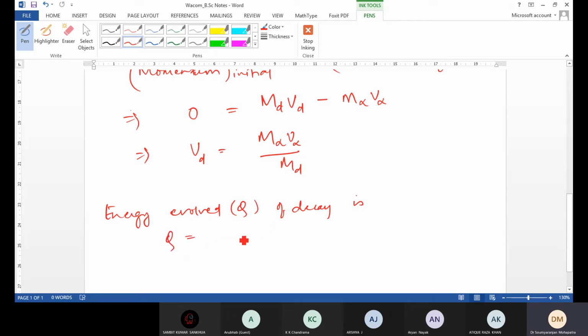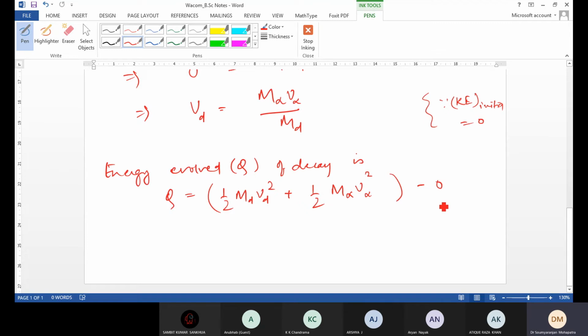So what is your final kinetic energy? That is half md vd square for the daughter nucleus, plus half m alpha v alpha square for the alpha particle, minus 0, since the initial kinetic energy is 0.